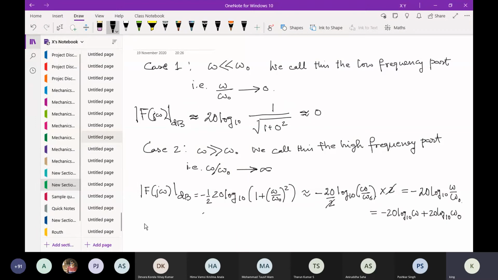And finally our case 3, we call this omega 0 as the break frequency, not resonance, mind you. And again, when I do the plot, you will understand why.